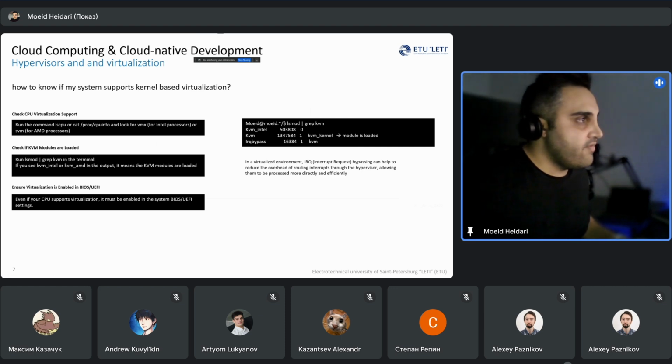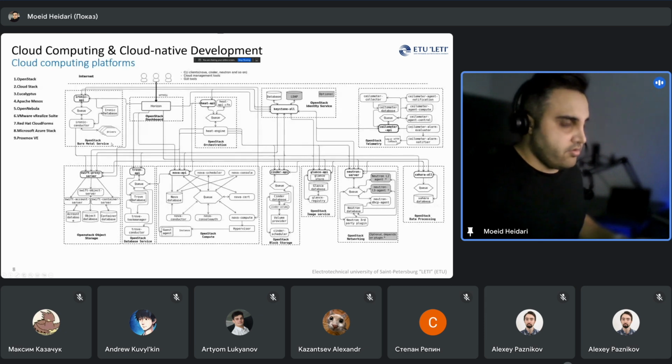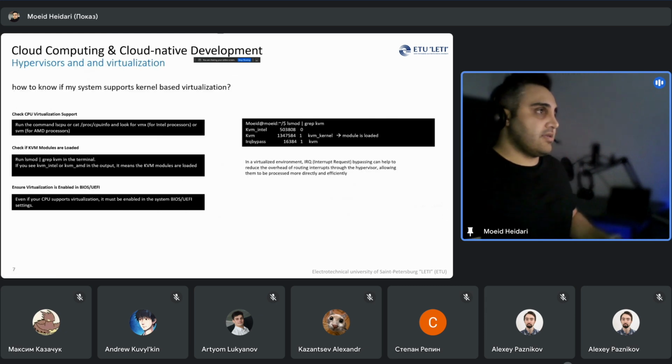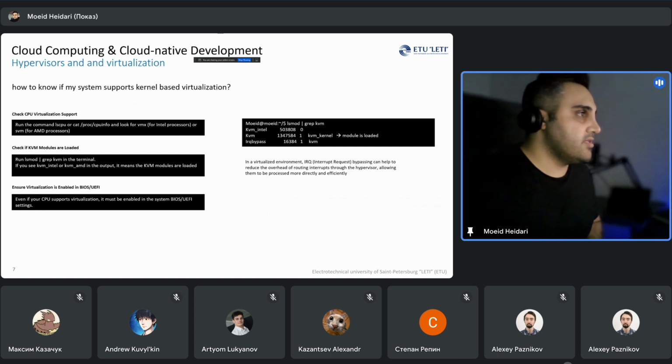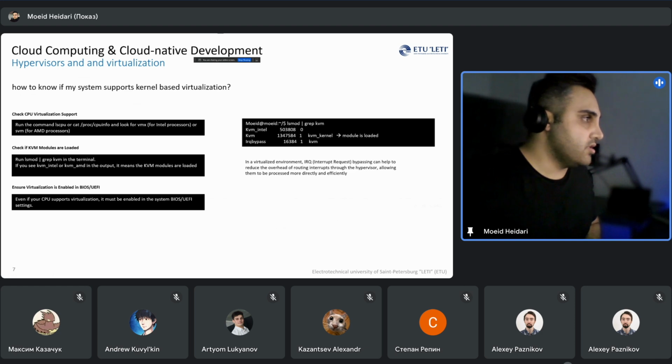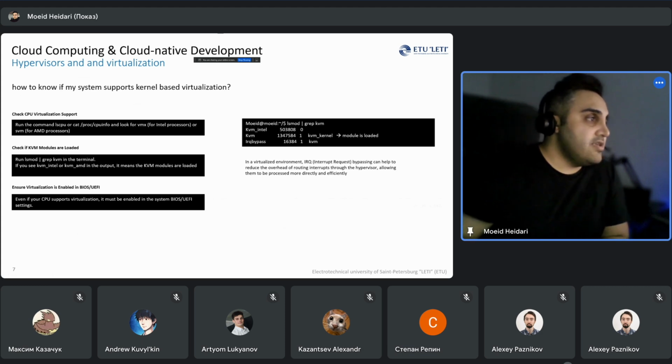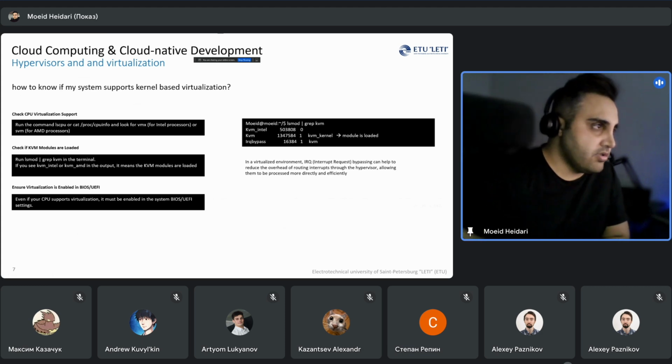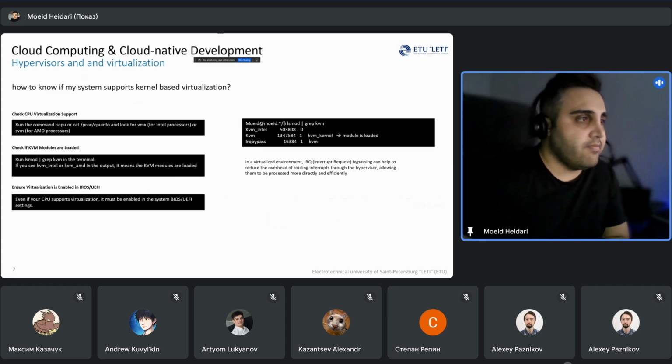You can check if KVM modules are loaded, because if your operating system doesn't support hardware acceleration, then these KVM modules are not going to be loaded. Then ensure virtualization is enabled in BIOS or UEFI, because even if your CPU supports virtualization, it still must be enabled in the BIOS or UEFI settings.